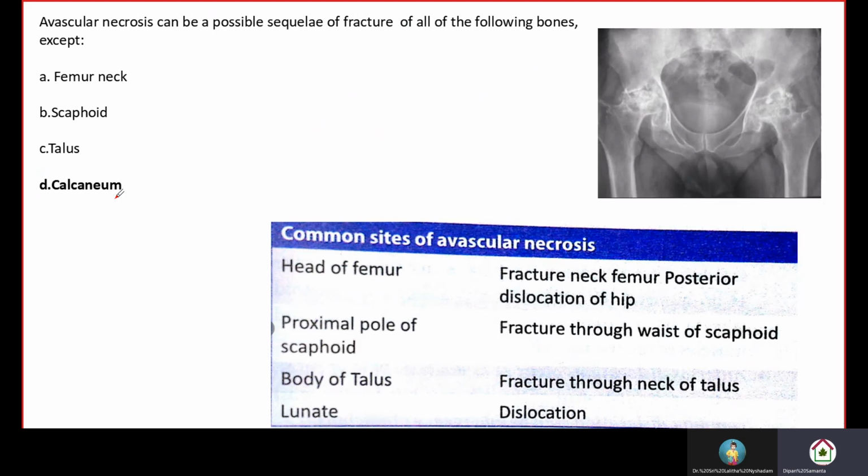So avascular necrosis, let's see, this is the typical picture of avascular necrosis. Head of femur: fracture neck of femur, posterior dislocation of hip. Common sites of avascular necrosis, head of femur.